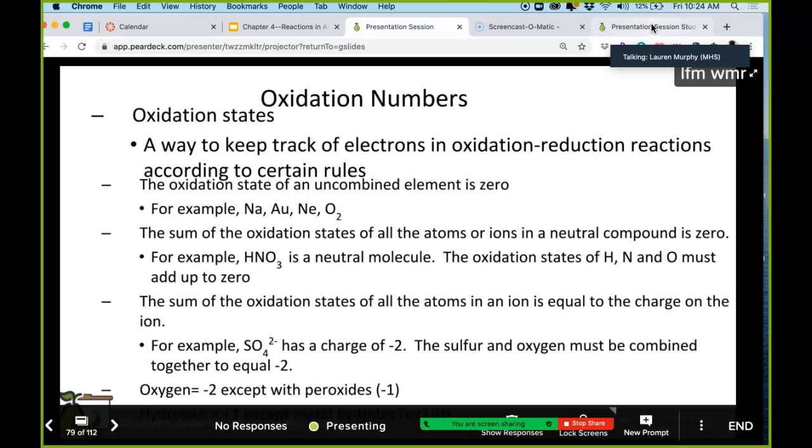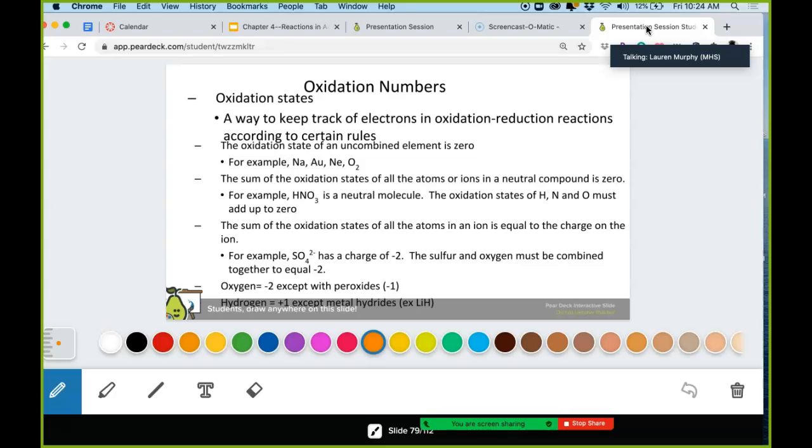For the sake of this class, oxygen is almost always -2. It's super electronegative, which we'll talk about in a second. But there is a time where it is -1, and that's when it's in a peroxide. Peroxide is called O2 2 minus. It kind of looks like that mercury one. Each oxygen is -1 to give a total of -2, and there are two of them.